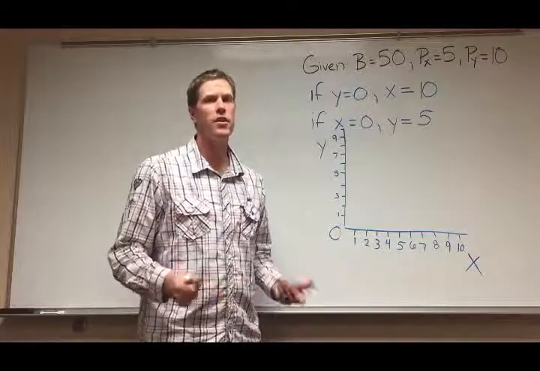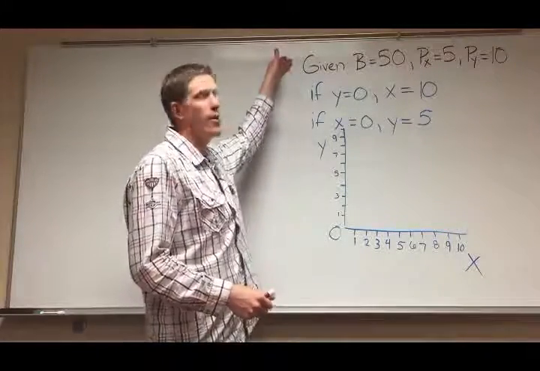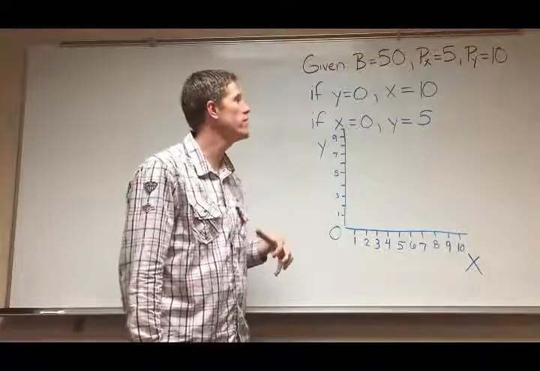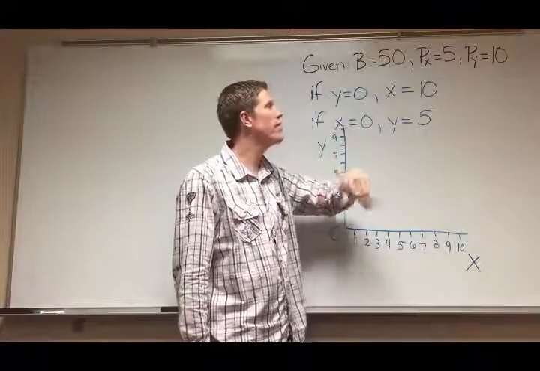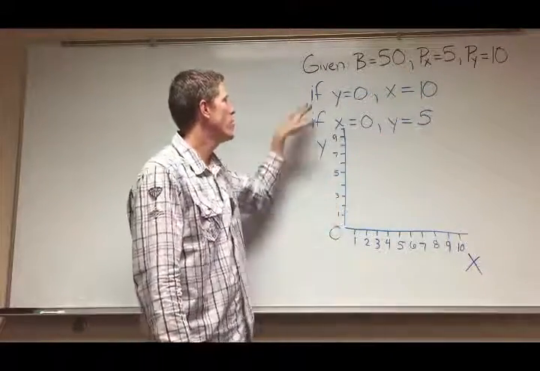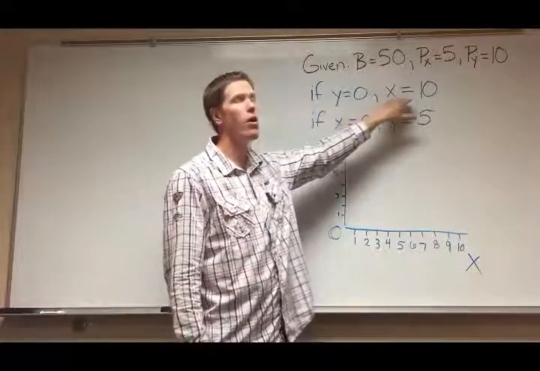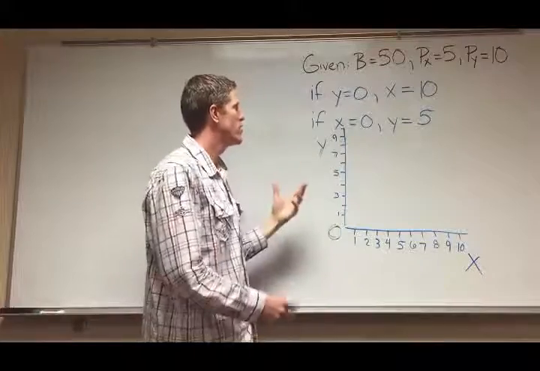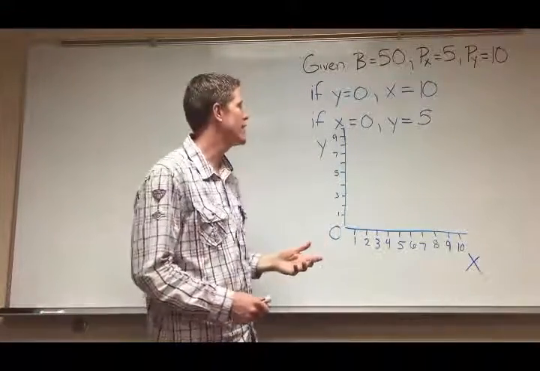Okay, so putting it together to start our graph, we were given a budget constraint of $50. If our budget is 50, and the price of x is 5 and the price of y is 10, we saw that if y was 0, x would be 10, and if x is 0, y would be 5. So we can plot these points.